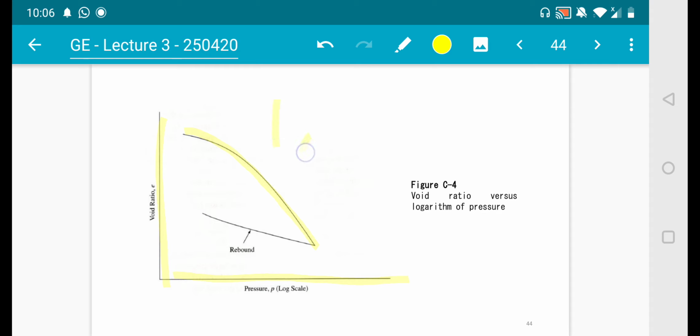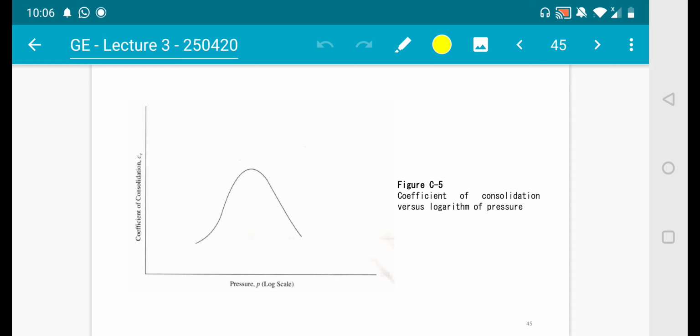This is when loading takes place, and when it's unloaded, you have this rebound line over here. And this is another output from the consolidation test: the coefficient of consolidation versus logarithm of pressure. So you have a connection between CV and pressure.